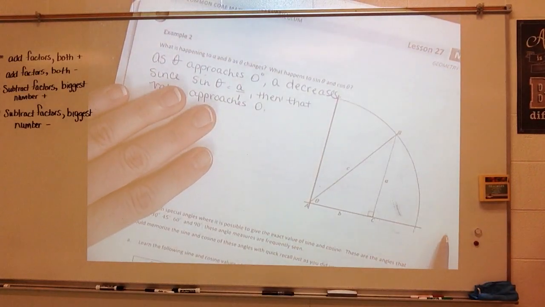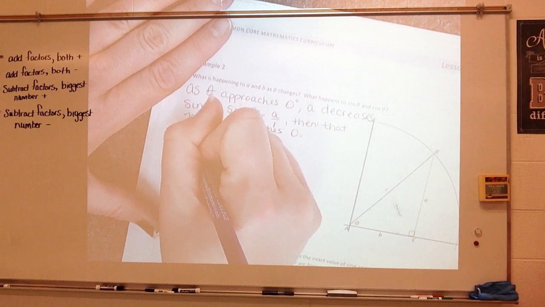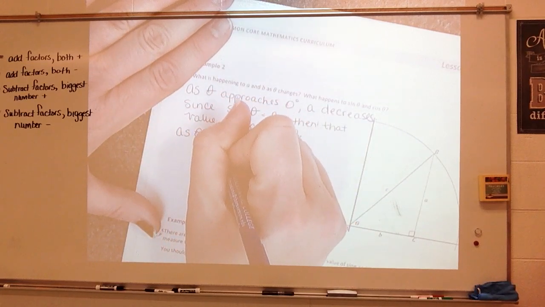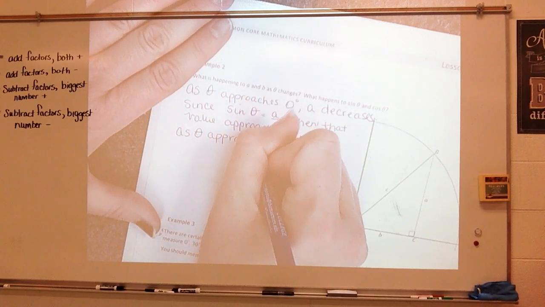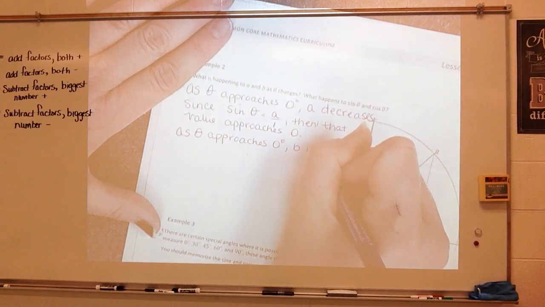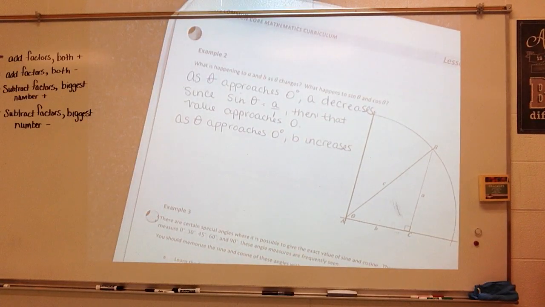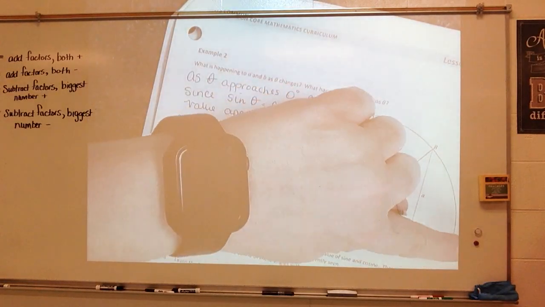So B is actually increasing. As my angle approaches 0, B increases. It has to get longer in order to get to that tip of A.